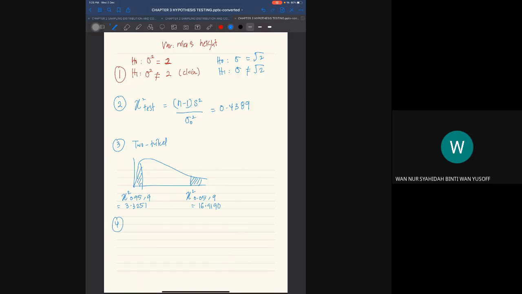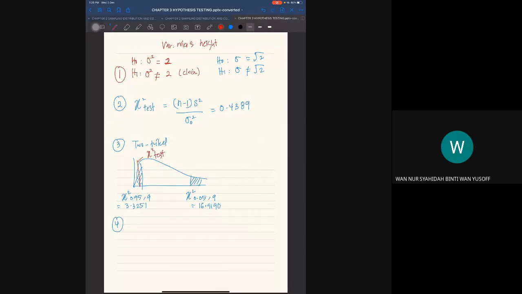Step 4. Where is your chi-square test here? Less than lower. So we have 0.4389, somewhere here, less than the lower critical value.